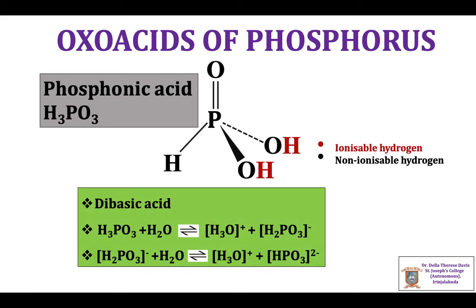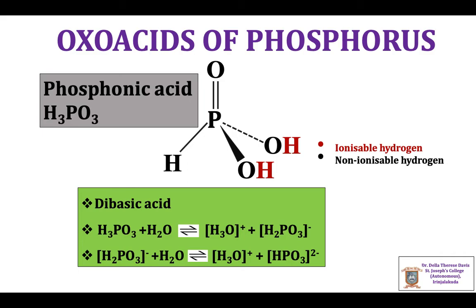Next comes phosphonic acid. It is H3PO3. There are two ionizable hydrogen atoms. Hence, the acid is a dibasic acid. The dissociation of the acid is as follows: H3PO3 plus H2O gives H3O+ and H2PO3- in the first step.